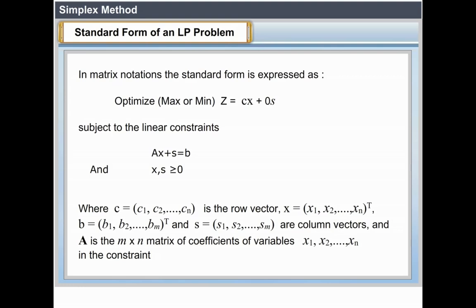Here we clearly described what are all row vectors, what are all column vectors, and A is the m cross n matrix of coefficients of variables in the constraint.